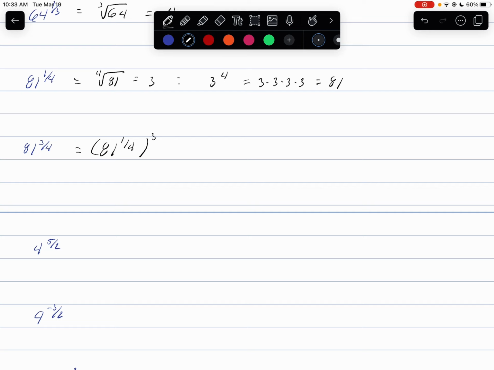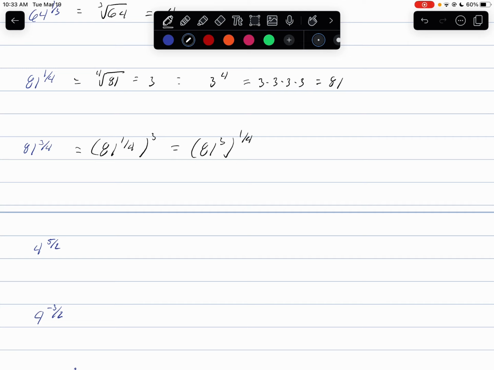Okay, that works. Or if it's more convenient, you can think of this as 81 to the 3rd raised to the 1/4. Whichever of those sounds more convenient to you is the one that I would go with.